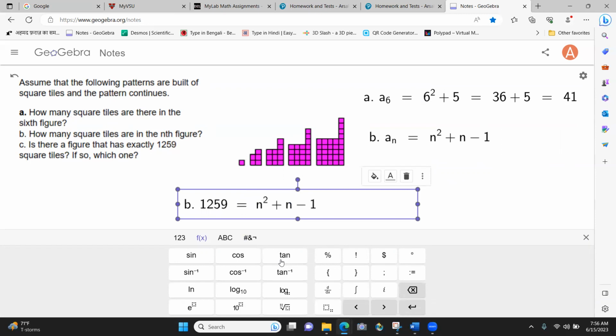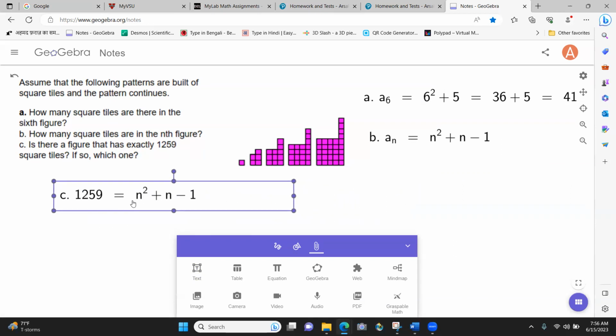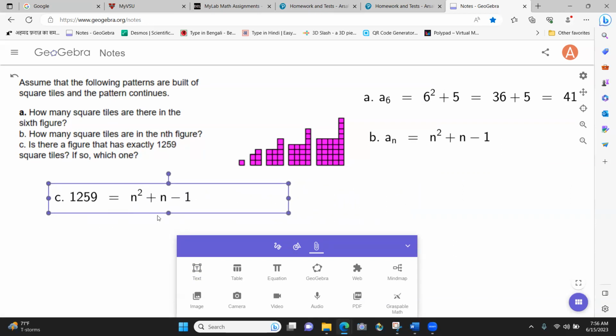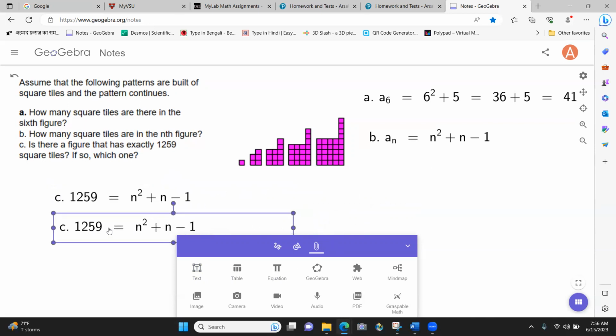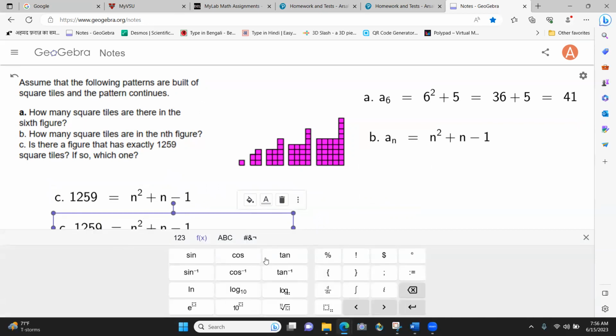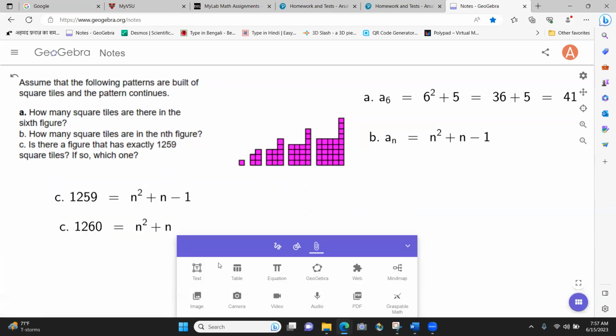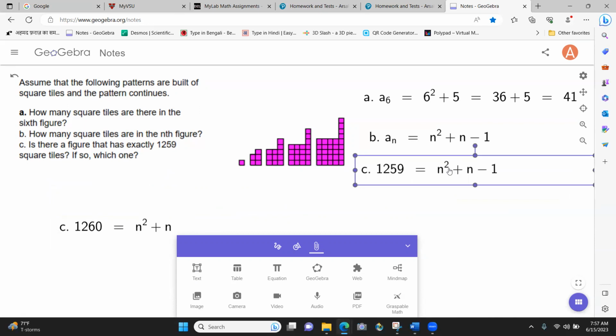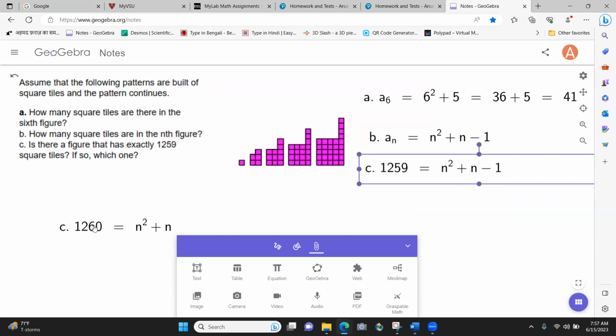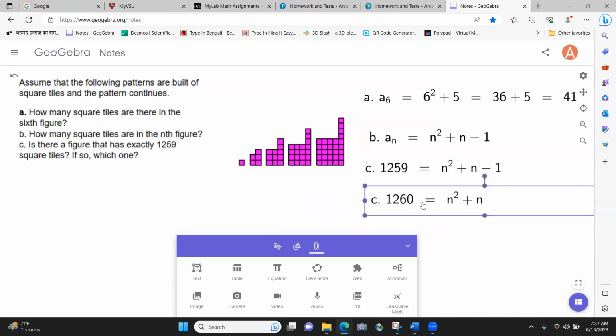Now I can add 1 to both sides and I'll get 1260. Let me put it here. Now I have to do a little bit of work, guys, here.